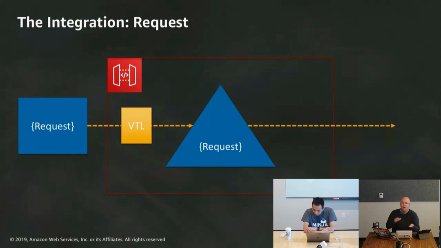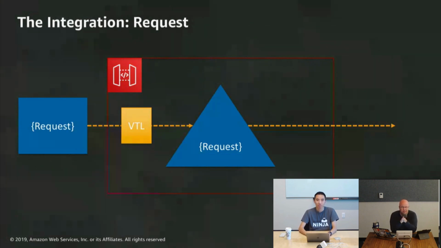We want to update it, but we don't want our clients to know. We need our clients to just continue cruising along. So what we're able to do is take a request in the old format that the client sends, modify it using VTL, and then push that request to the service behind. And as you'll see in a few minutes, coming back, we can remodify that to look in the certain shape that the request should be coming back to the client.